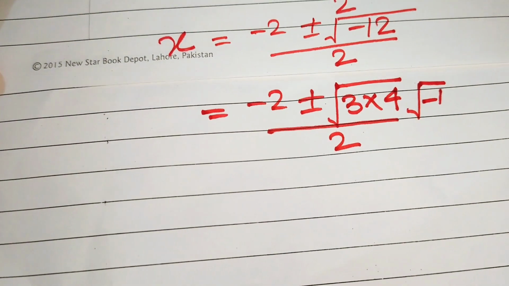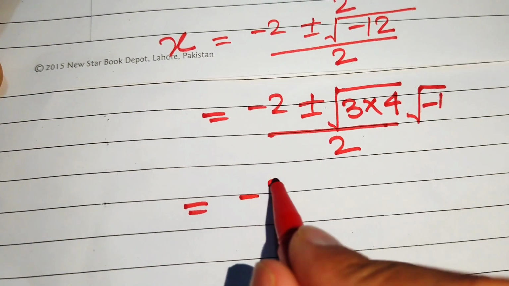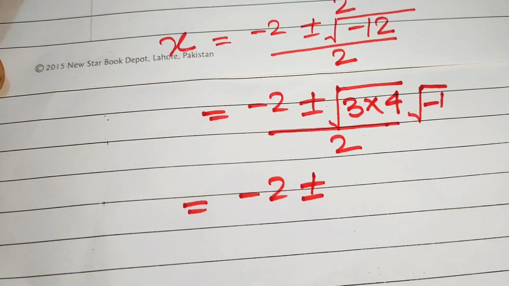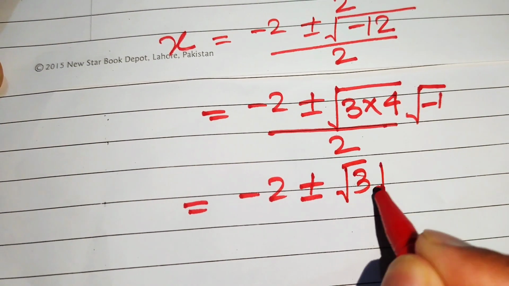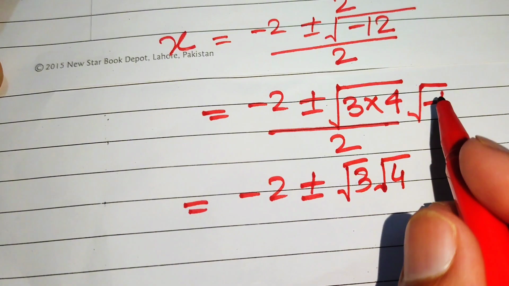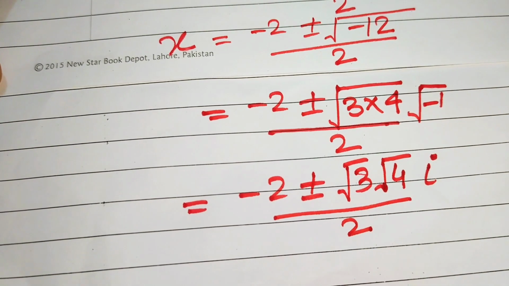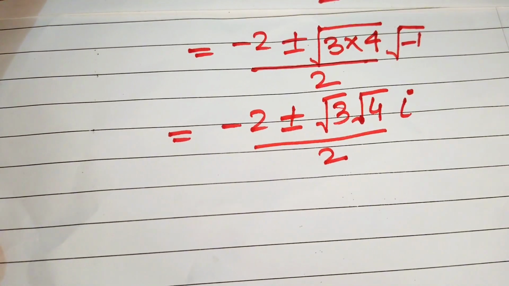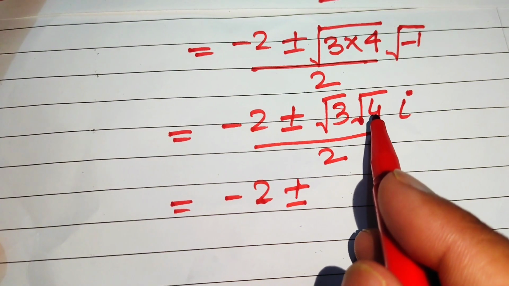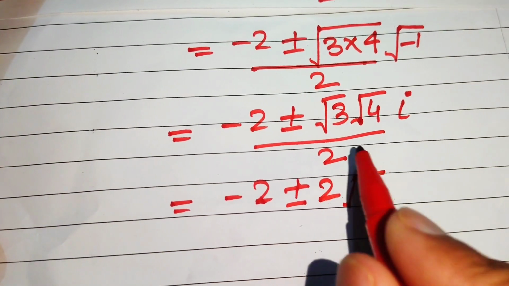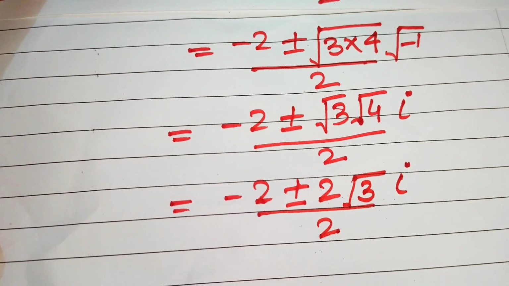In the next step we separate the square root on these terms, and it is written as −2 ± √3 · √4 · √(−1), and we know that the square root of −1 is iota, all divided by 2. Further, the square root of 4 becomes 2, so we have −2 ± 2√3 i, divided by 2.